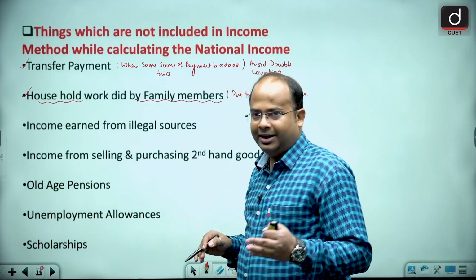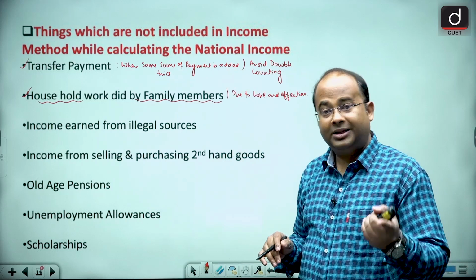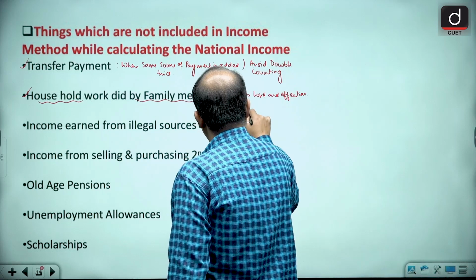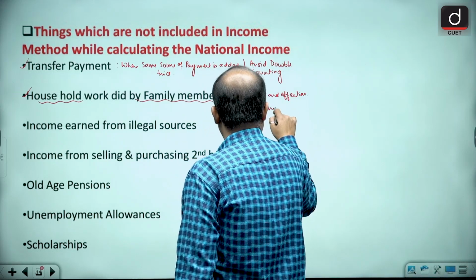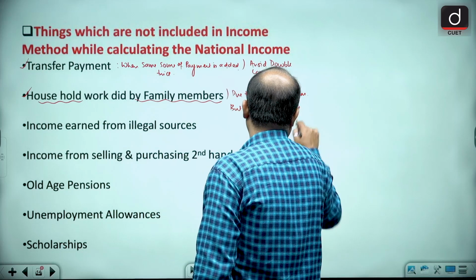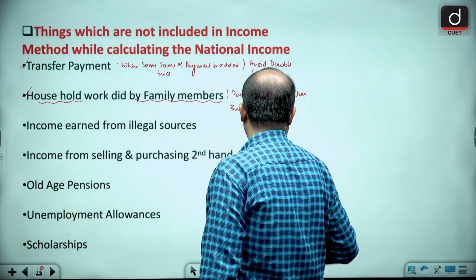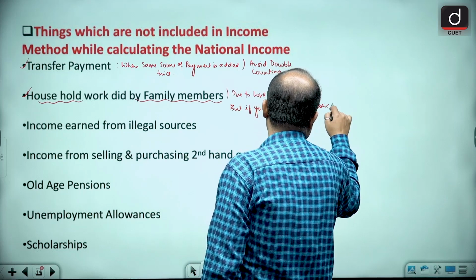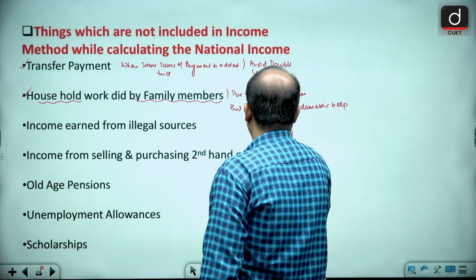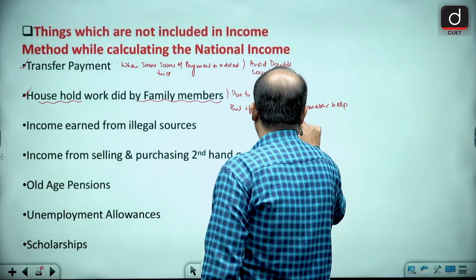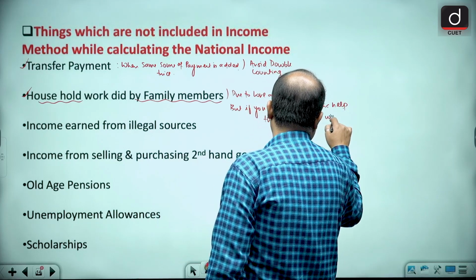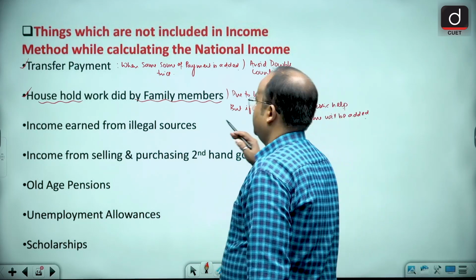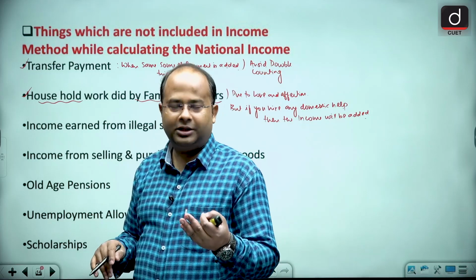But if you hire some maid or any domestic help, then the income will be added, because they are not doing it for love and affection, they are doing it for their earnings.